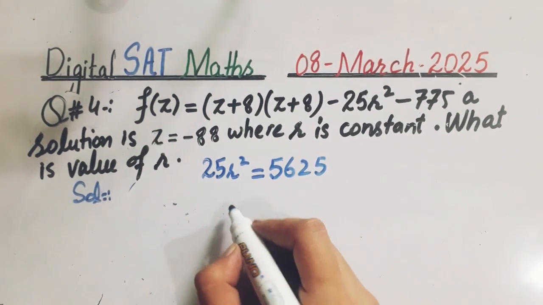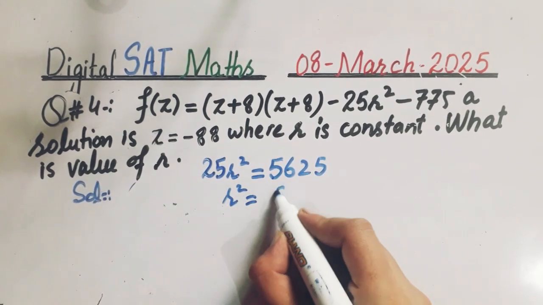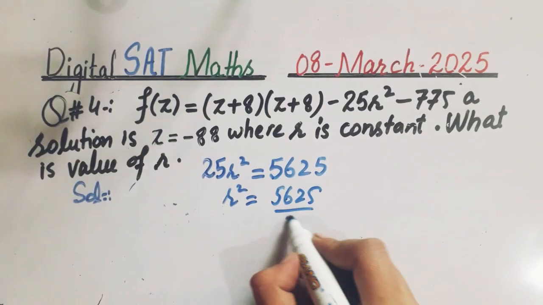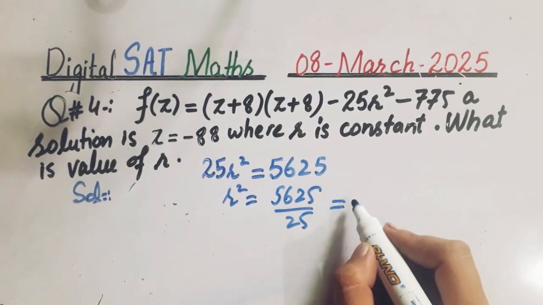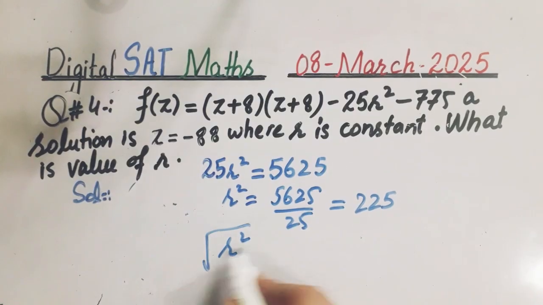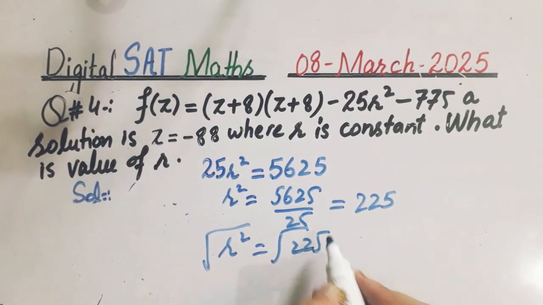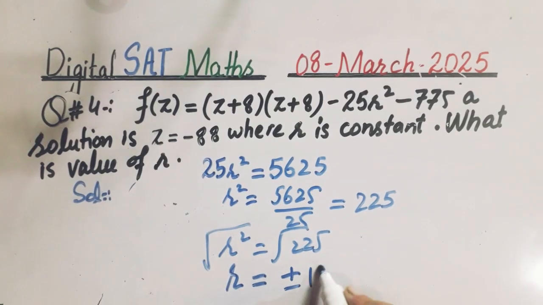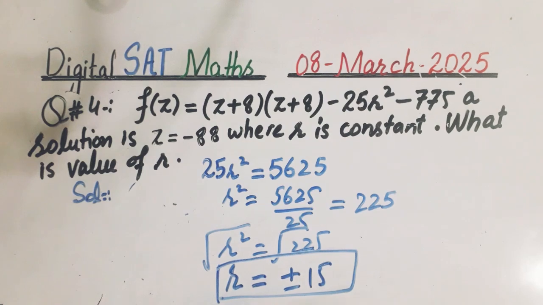Then we will solve this as r square equals 5625 divided by 25. So this will be equal to 225. So by taking the square root on both sides, we know that 225 is the square of 15. So we will get r equals plus minus 15. So the value of r will be this. So this will be the final answer.